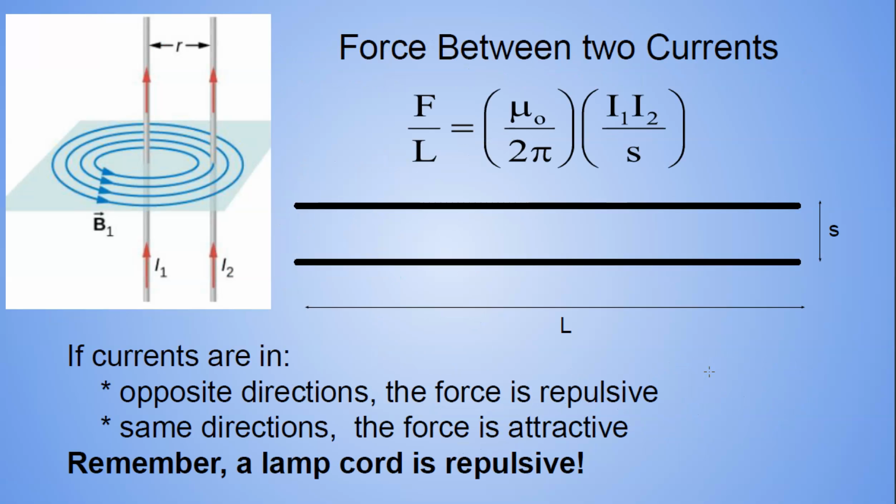What if I have two wires? Let's say that the current in this one goes to the right. That would mean that I could draw the magnetic field. Point your thumb to the right, and then curl your fingers around the wire. It's going to come up out of the board over here.